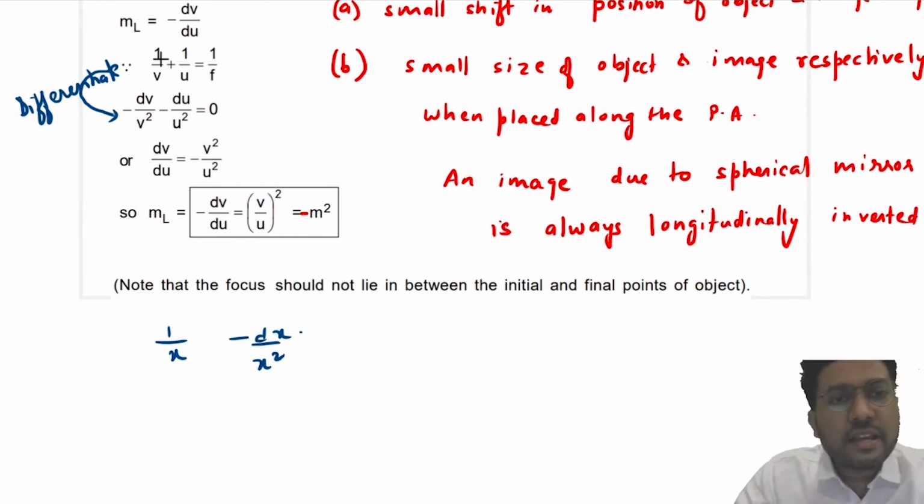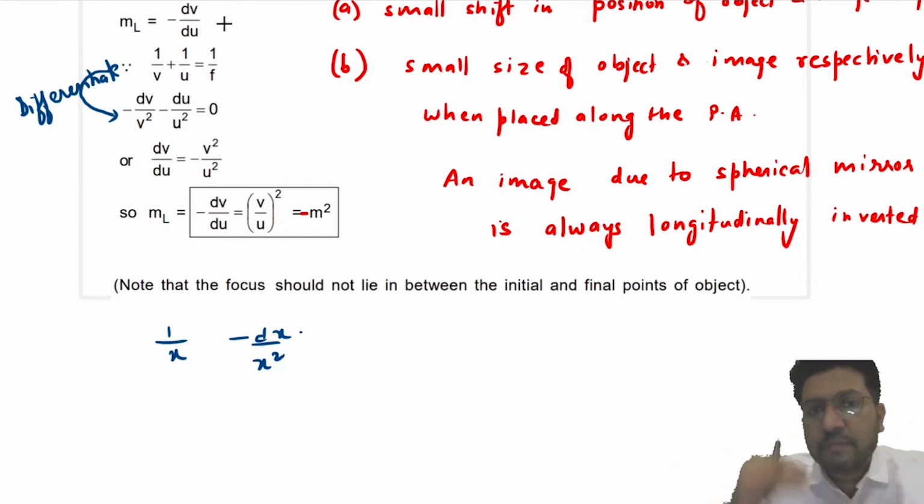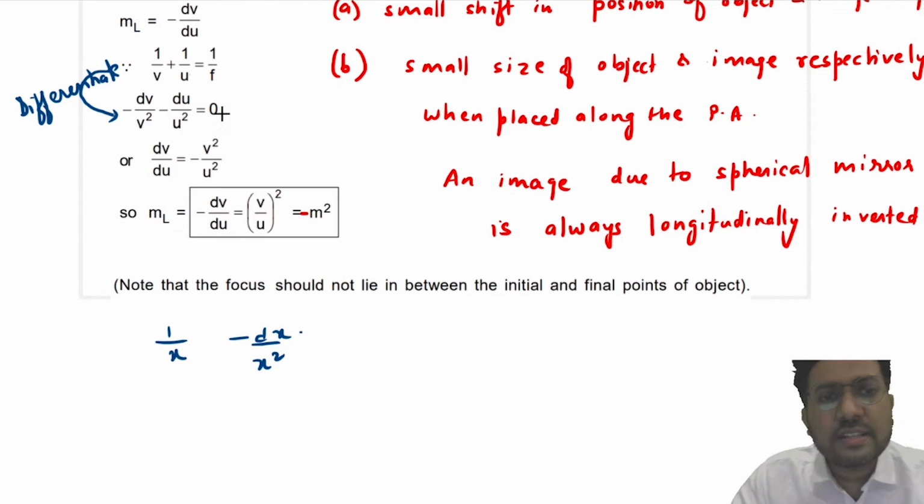So similarly here the differentiation of 1 by V will be minus 1 by V square dV. Similarly, the differentiation of 1 by U is minus 1 by U square du, and focus is a constant. Focus of a mirror is constant because the radius is constant. So differentiation of a constant is 0.